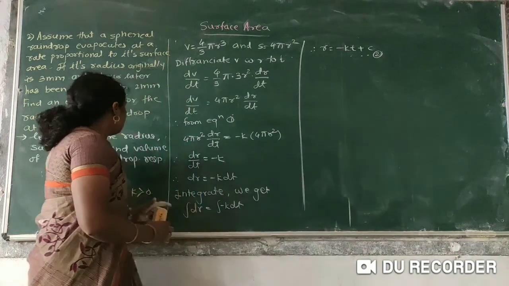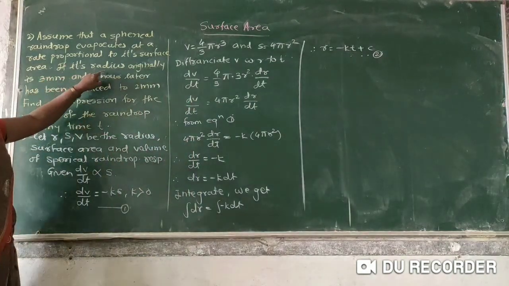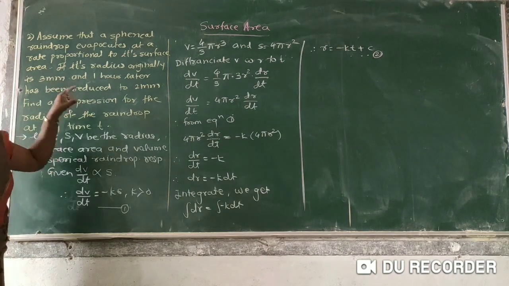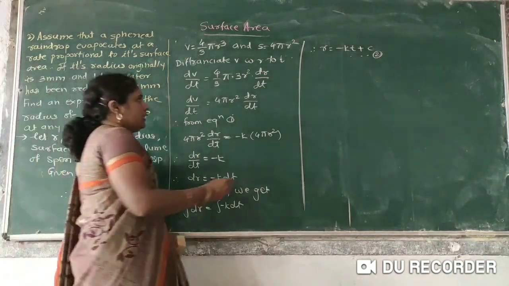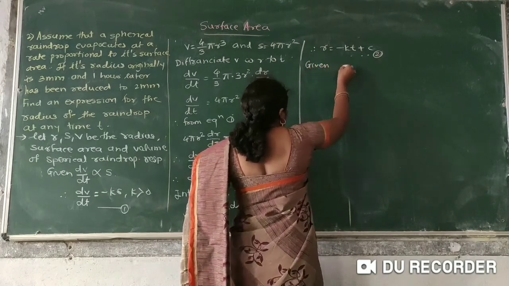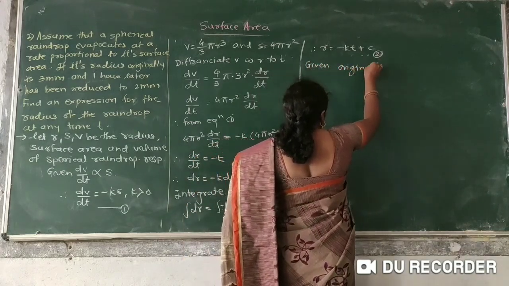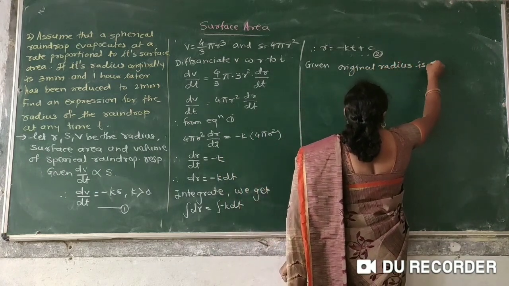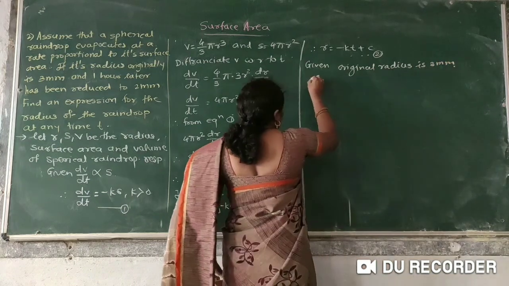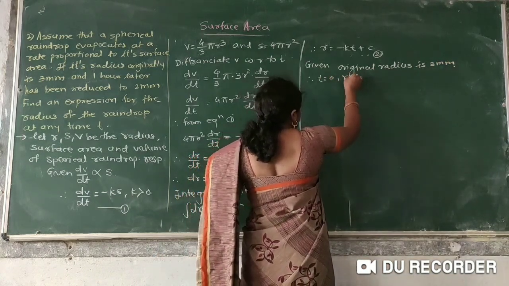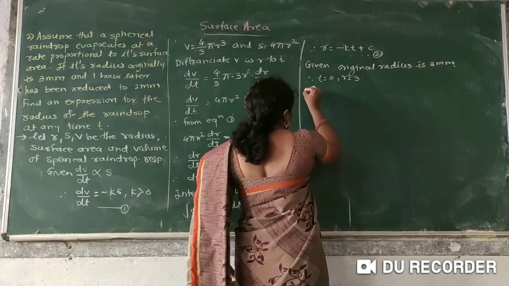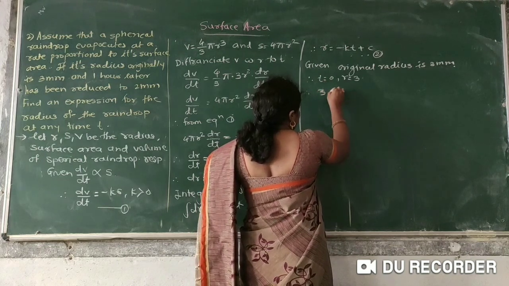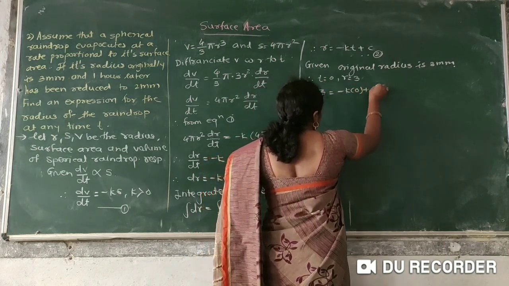Now look at what is given next. Its radius originally is 3 mm, that is, at time t = 0 its radius is 3 mm. Given the original radius is 3 mm, therefore t = 0, r = 3. Substituting these values in equation 2, we get 3 = -k into 0 + c.